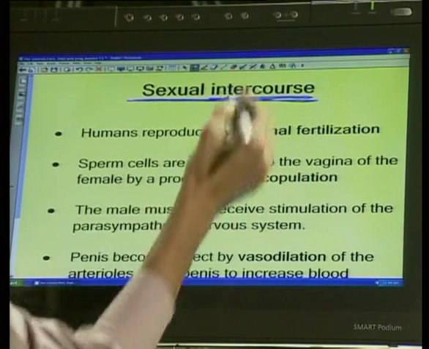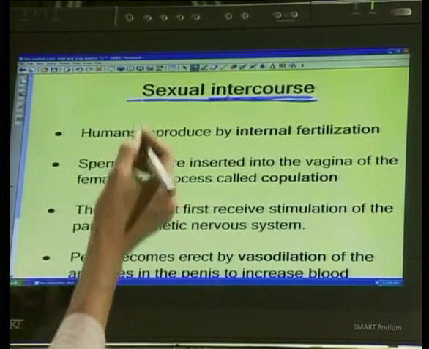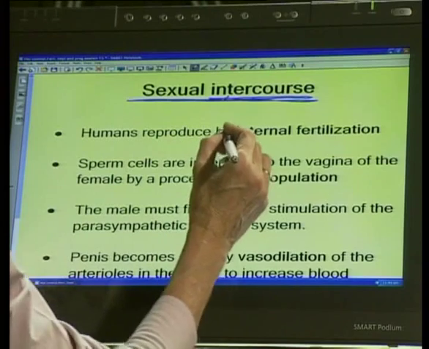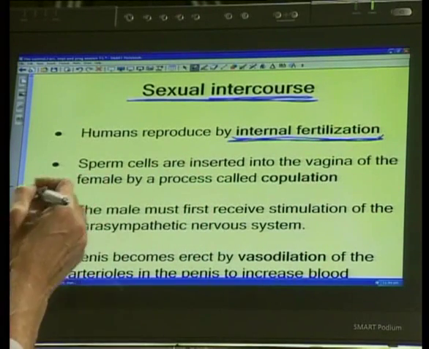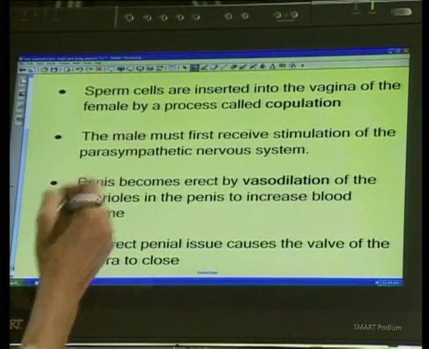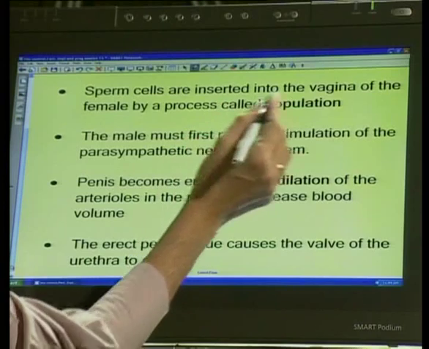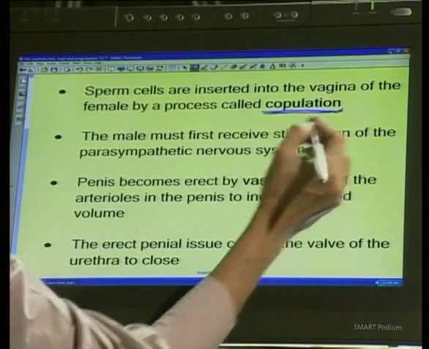We need to get the male sperm into the female. So we say, right, how do humans reproduce? Guess what? We have internal fertilization because our little babies have to grow inside the uterus. So it's inside. Sperm cells are inserted into the vagina of the female by a process called copulation.